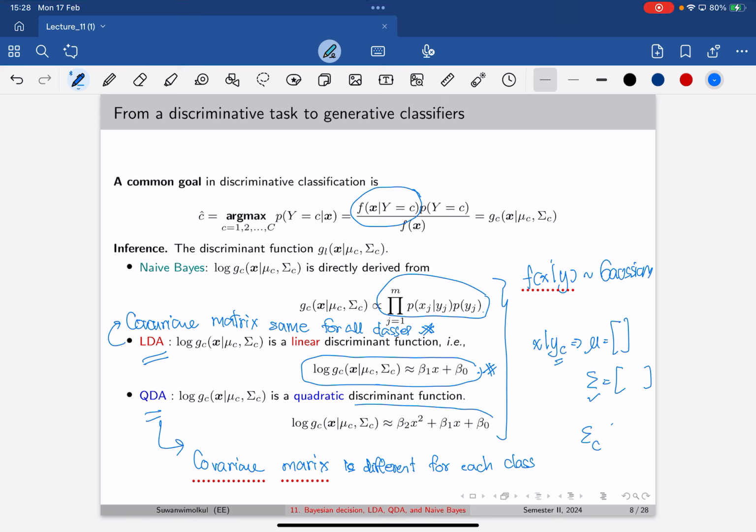For QDA, you do the same and take it in log space, but because you assume that covariance is different, what you get is a quadratic term that came from this covariance matrix. Therefore you end up with this term that's correlated to the existing covariance matrix.